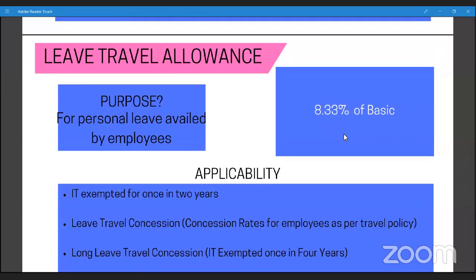Based on the hierarchical system, it differs with the organizations. You cannot have a very standard leave travel allowance as such because the company cannot give that. So this is one compliance. I still feel that it is not universally followed. I cannot say this is universally followed or pattern is followed by every company, because when it comes to leave management, I think the company has a little latitude in it, and the government cannot interfere much on that because it's based on the organization nature and the person's working also.